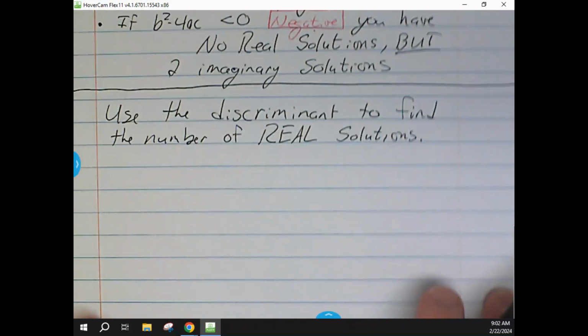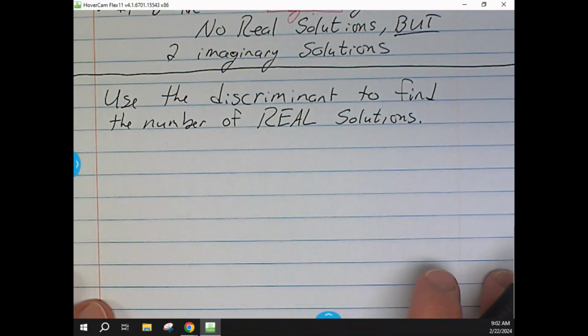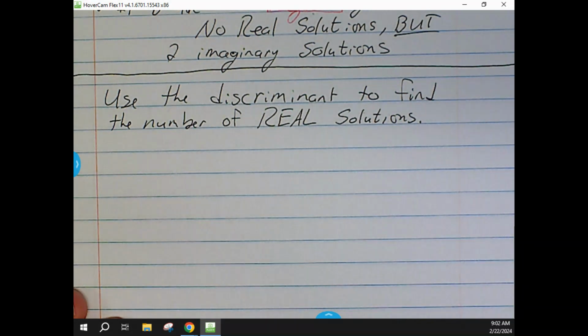Okay, so that was the setup for everything today. These are the directions, and these are the examples we do. So we're going to use the discriminant to find the number of real solutions, to know how many real solutions we're going to have, whether that's 2, 1, or none.